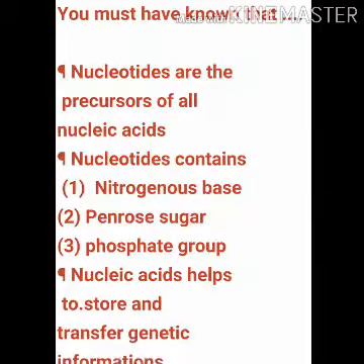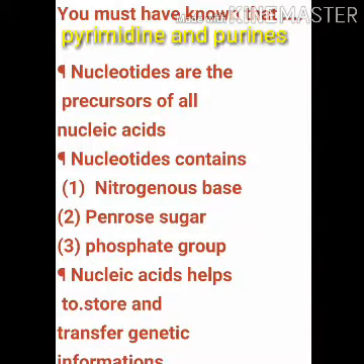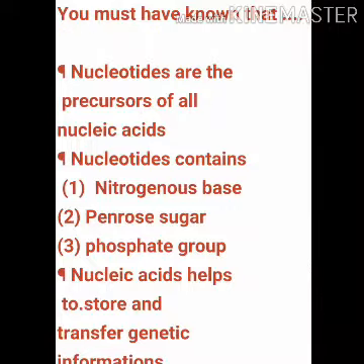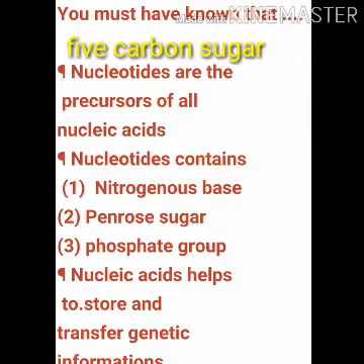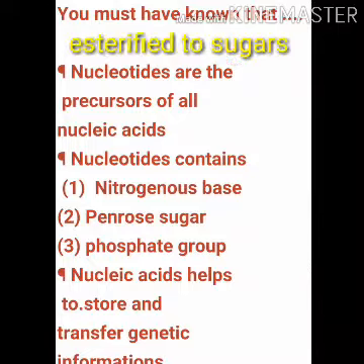You must have known that nucleotides are the precursors of all nucleic acids, and that nucleotides contain a nitrogenous base, which might be a pyrimidine or a purine base. They also contain a pentose sugar, which is a 5-carbon sugar, and finally a phosphate group, which is always esterified to the sugar.